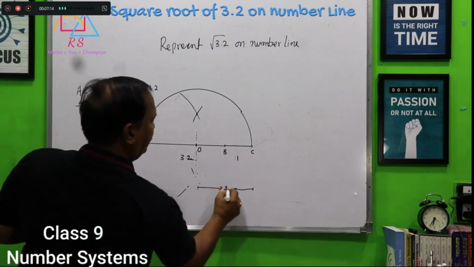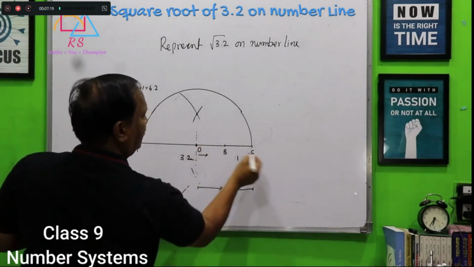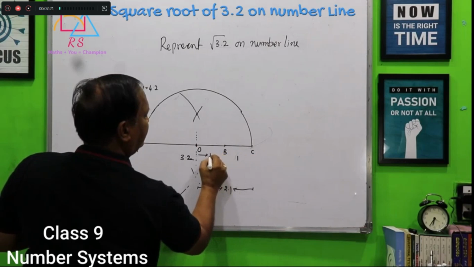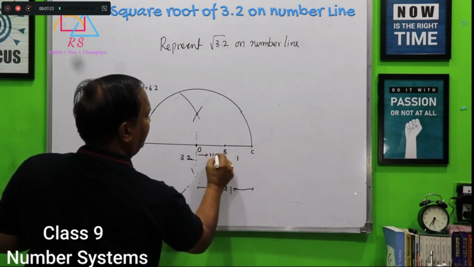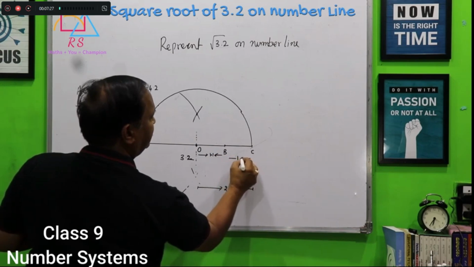So this is 2.1, and how much is OB? 2.1 minus 1, so 1.1. These are very very simple things. You have to know.